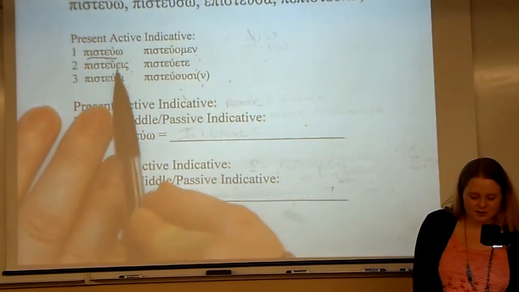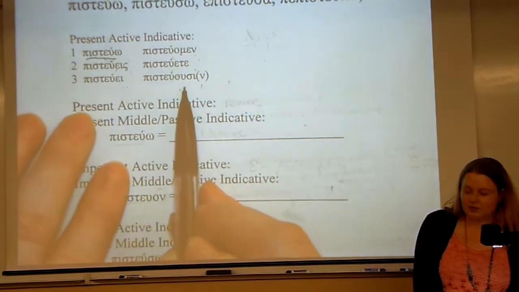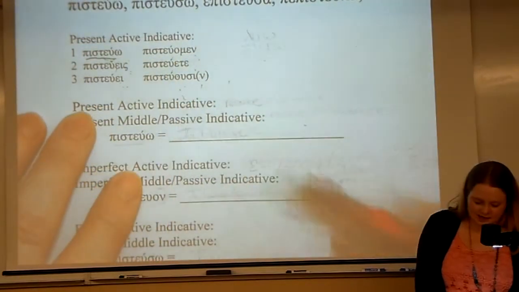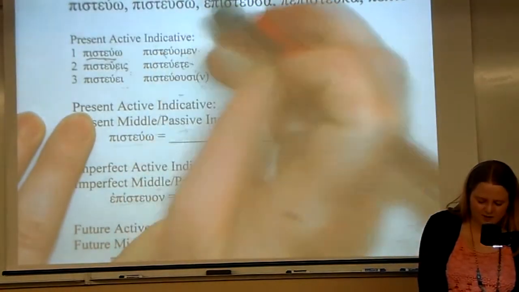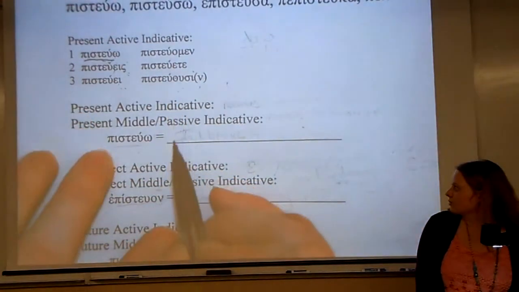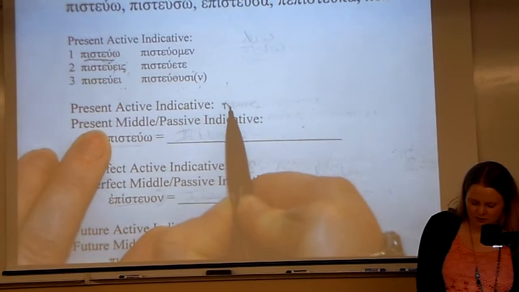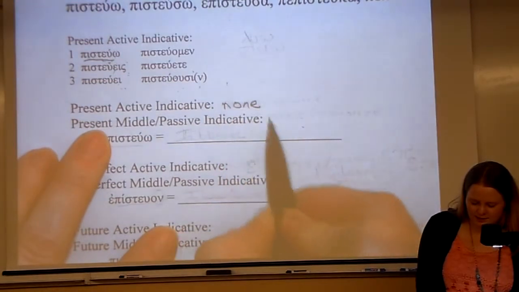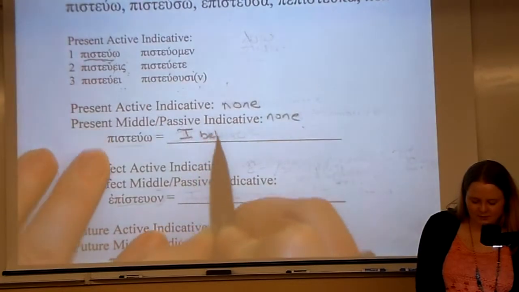Pistuo, pistues, pistue, pistuomen, pistuete, pistuousi. This has no recognizable characteristics, despite the fact that I've just put dots all over the sheet. It's just a regular verb. Present active indicatives have no special characteristics, none. And they just mean I believe.